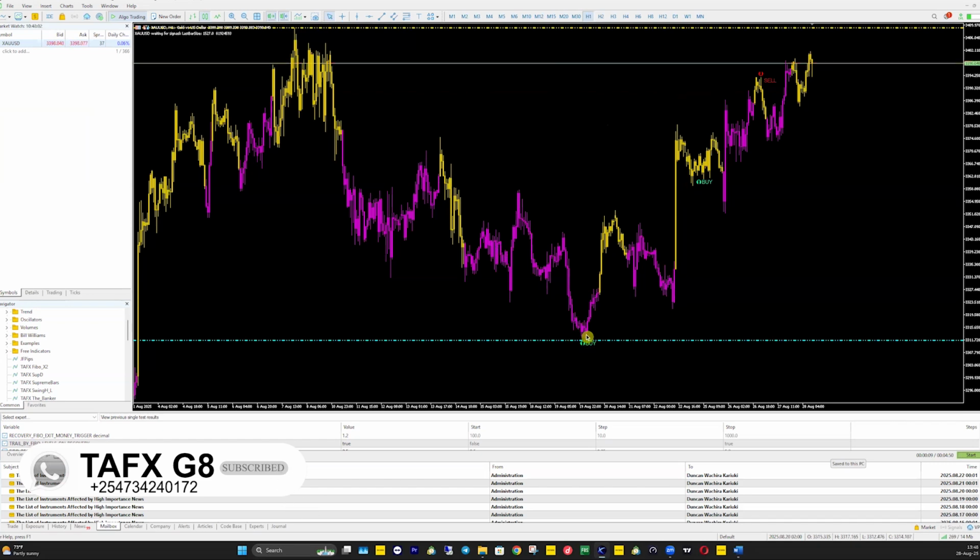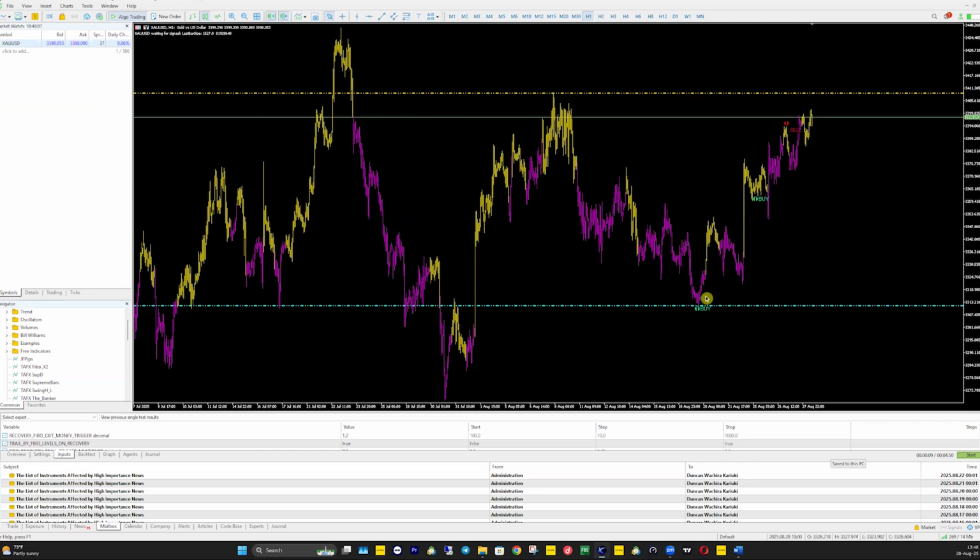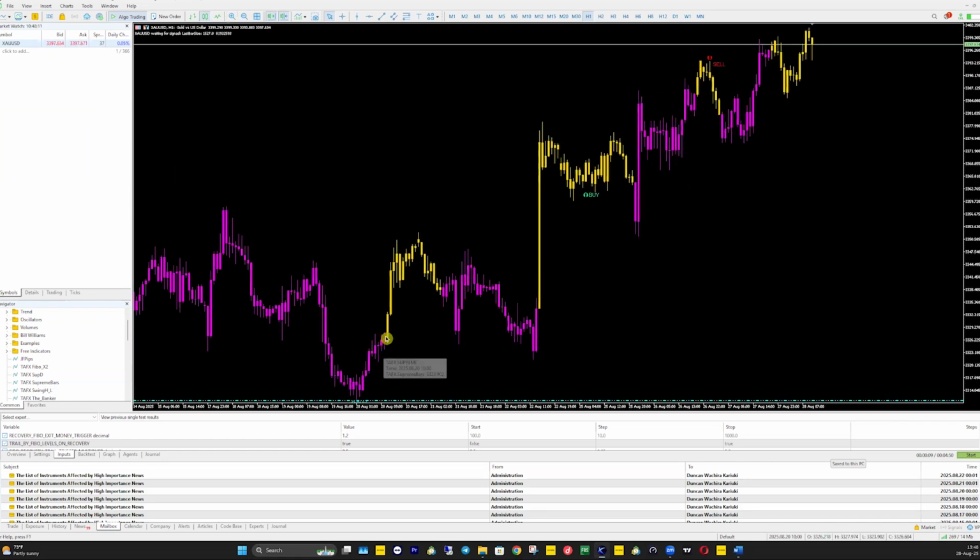As you can see, this is a buy entry, but it cannot buy this until the Supreme changes the color. So this is when it will pick the trades. Another buy, it will only pick when the Supreme changes the color. So that's when it will sell or buy. Hope you understand now what I'm talking about.